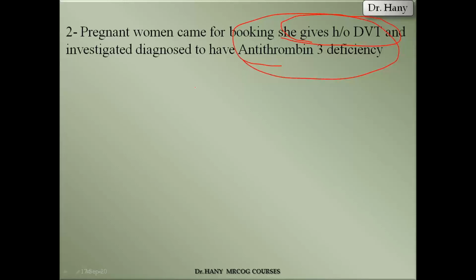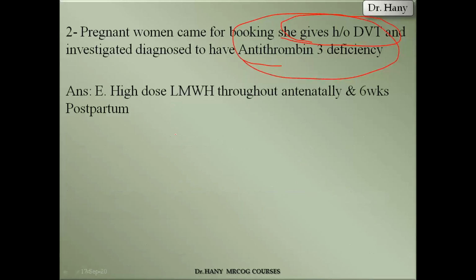So now you got my point. A previous VTE plus high risk thrombophilia or antiphospholipid syndrome, and you will be in the high risk group. So this woman will be on a high dose. This is one of the indications of high dose low molecular weight heparin antenatal and 6 weeks postnatal.